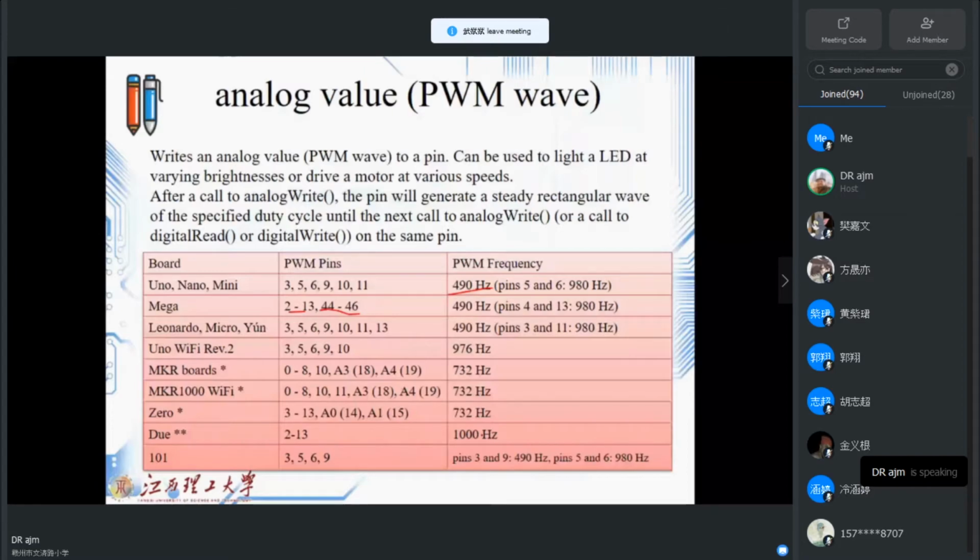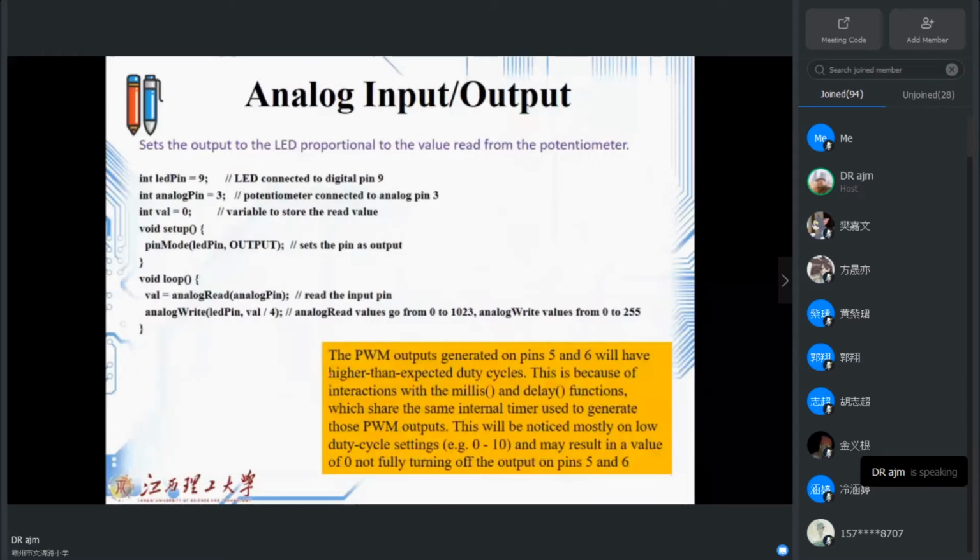Okay, now one more question. We want to set the output to the LED proportional to the values read from the potentiometer. This means I will take the potentiometer and, based on that, control the brightness of my LED. Think that I connect the LED to pin number 9, and the analog pin that I want to read is number 3.